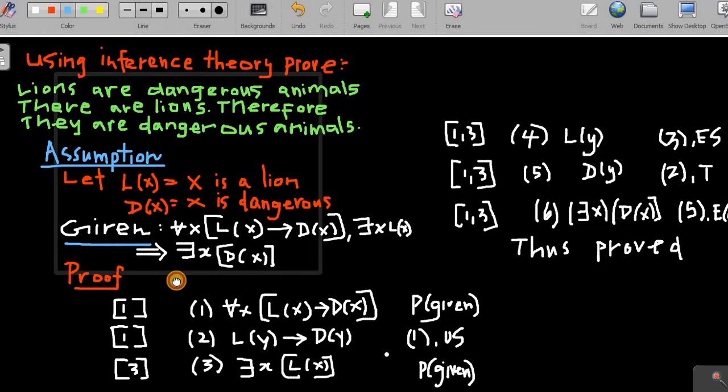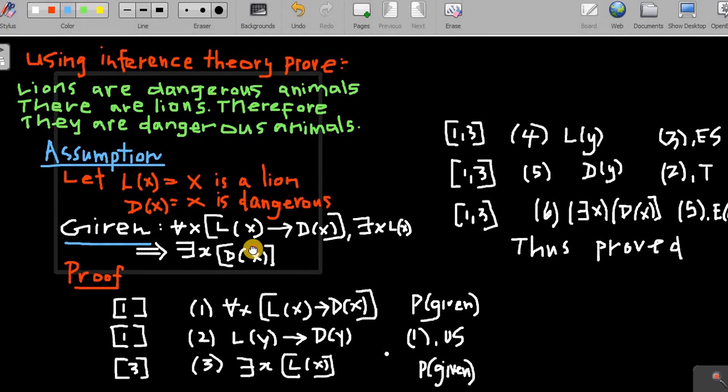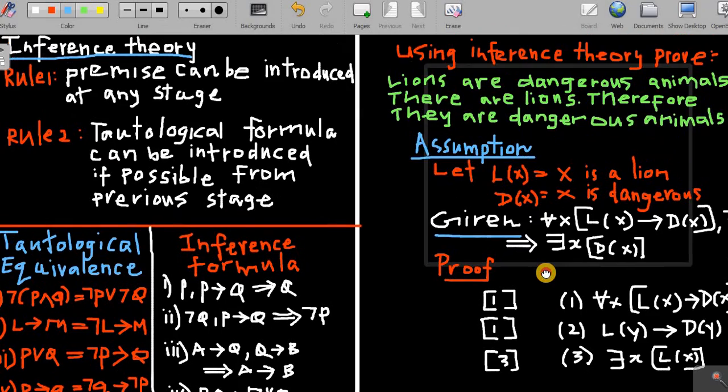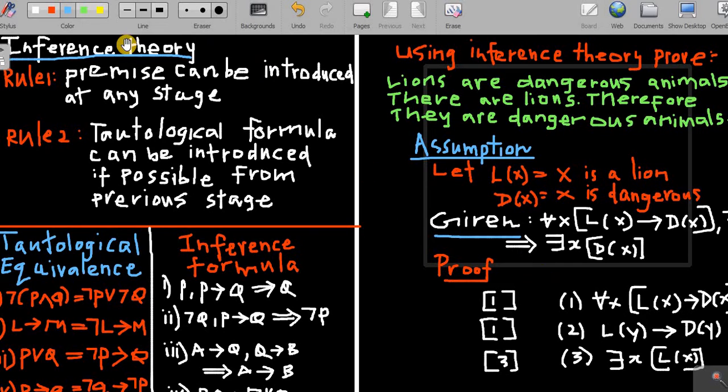There are two inference rules. First, we can introduce the given premise at any stage. The second rule, we can introduce a logical tautological rule, that is an equivalence or inference rule, at any stage if it is possible to derive from the previous steps.